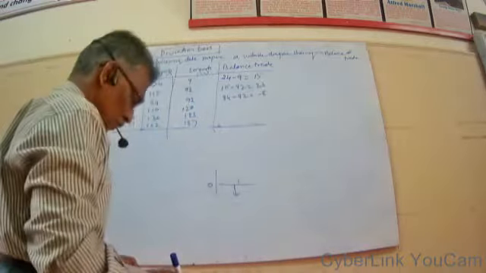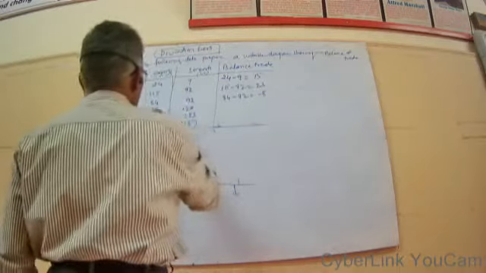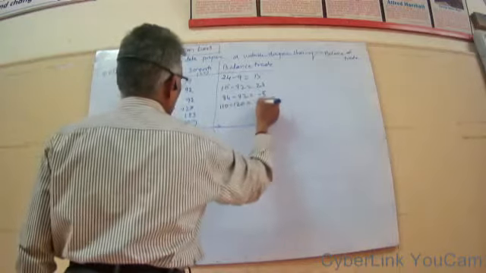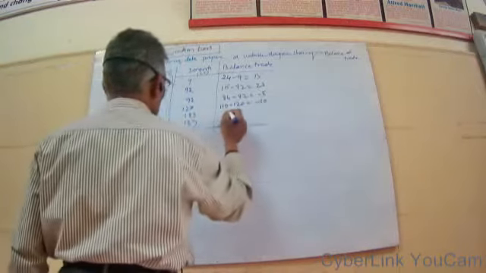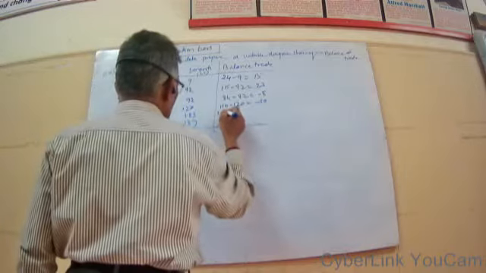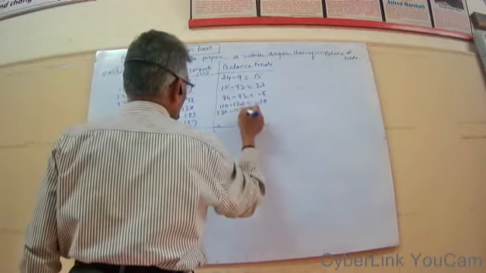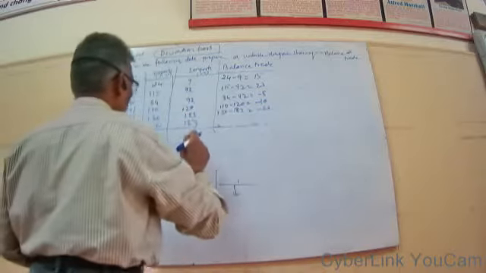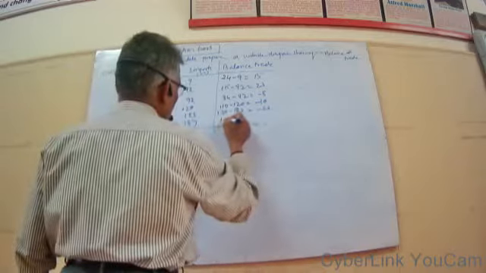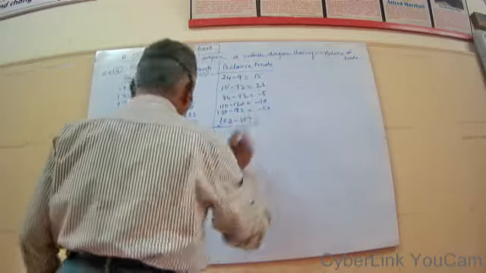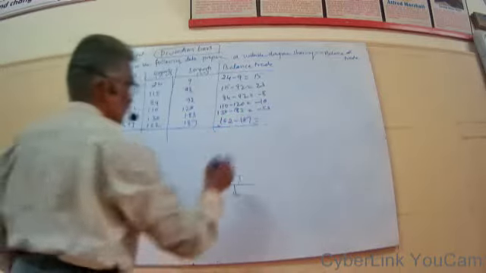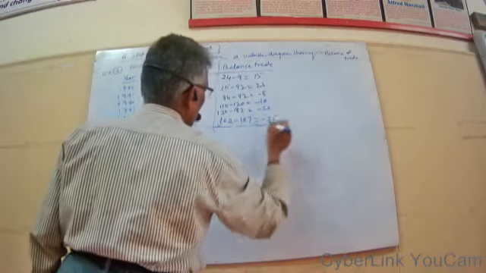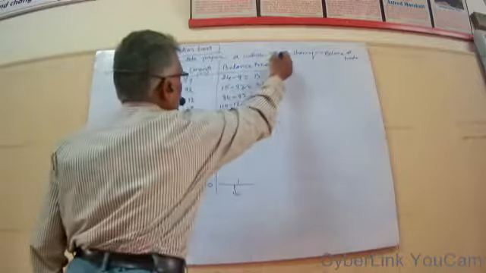Then 110 minus 120 equals minus 10, and 130 minus 183 gives you minus 53, and 162 minus 187 equals minus 25. So this is the column you have to prepare.